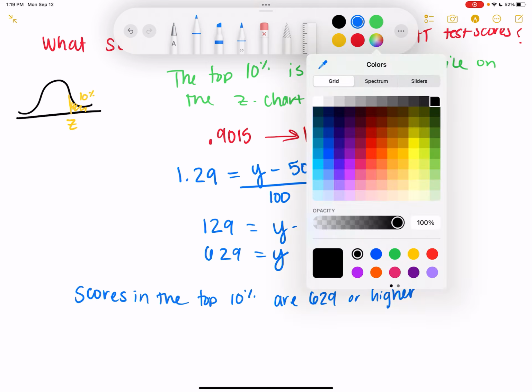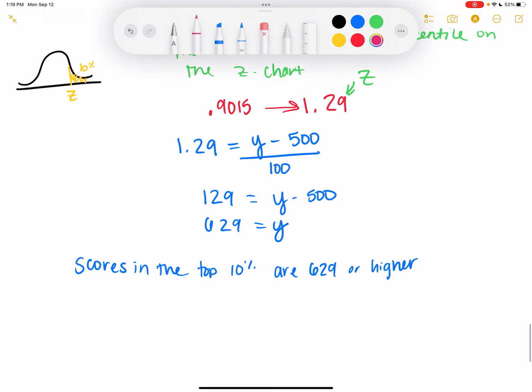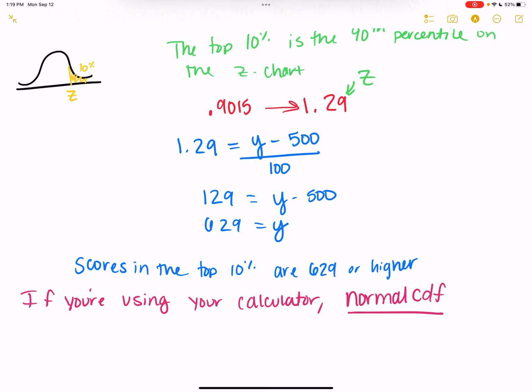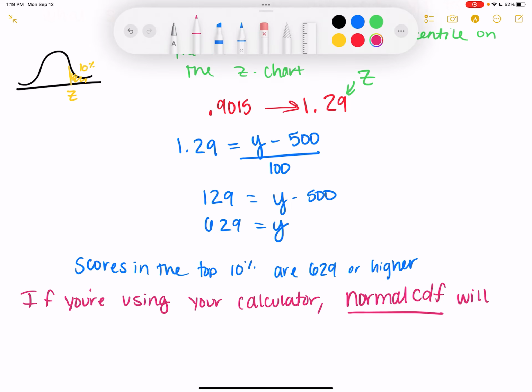But for these, if you're using your calculator, the function normal CDF will solve for percentiles. So like the first examples that we did.